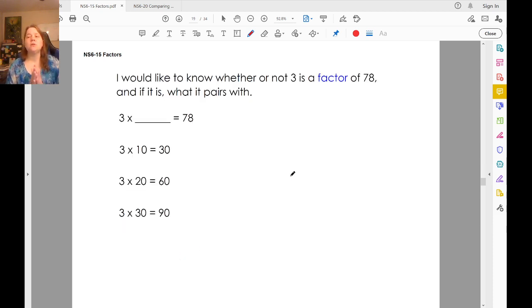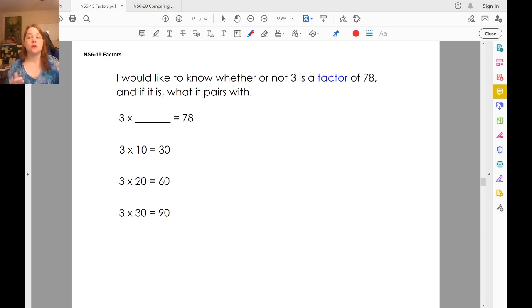To know whether 3 is a factor of 78, and if it is, what it pairs with, you can see they saw that 3 times 10 is 30, 3 times 20 is 60, 3 times 30 is 90. We know those, and we can see that the closest thing that we can get to 78 without going over is 60.